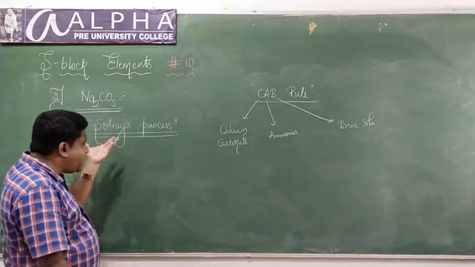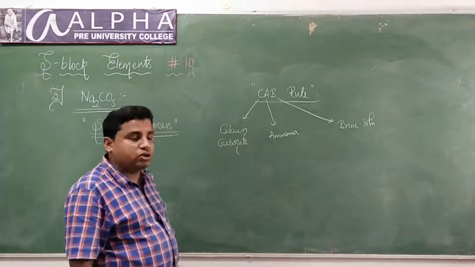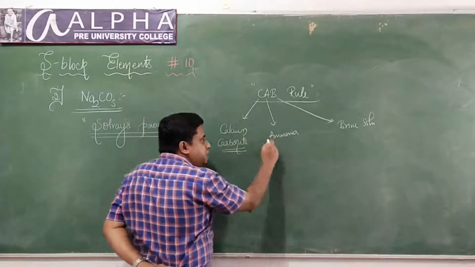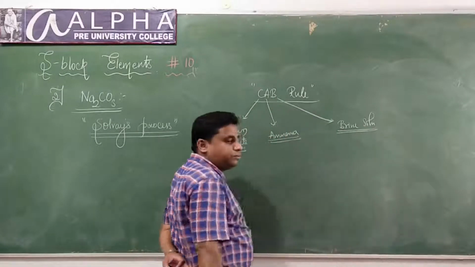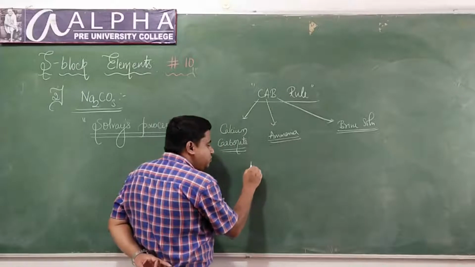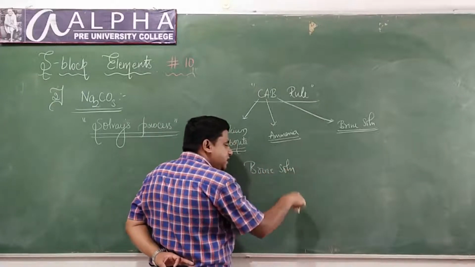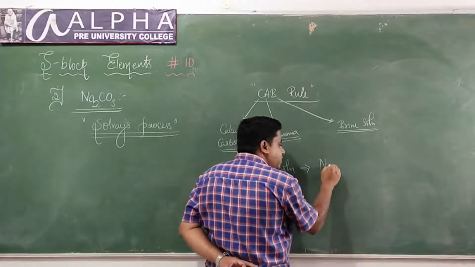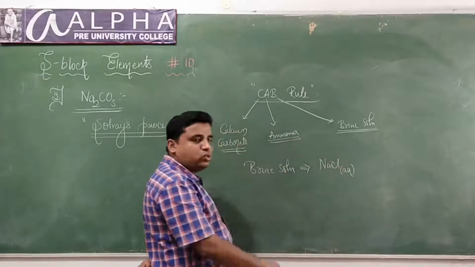So whenever you are talking about the Solvay process, please remember the CAB rule. C stands for calcium carbonate, A stands for ammonia, and B stands for brine solution. By the way, what is brine solution? Brine solution is nothing but aqueous sodium chloride solution.